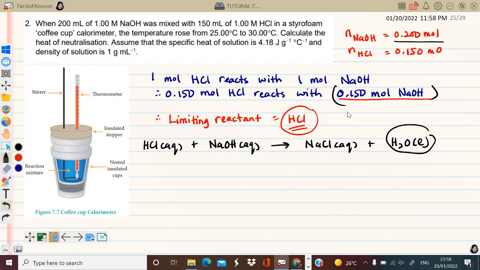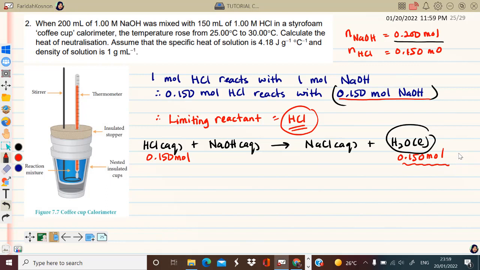Jadi yang ini maksudnya sekarang ni saya nak tentukan how many moles of water form. Disebabkan hydrochloric acid itu adalah limiting reactant, so 0.150 mole hydrochloric acid will produce 0.150 mole water. Jadinya sekarang kita dah tahulah kat situ. Ini adalah mole of water form tu.